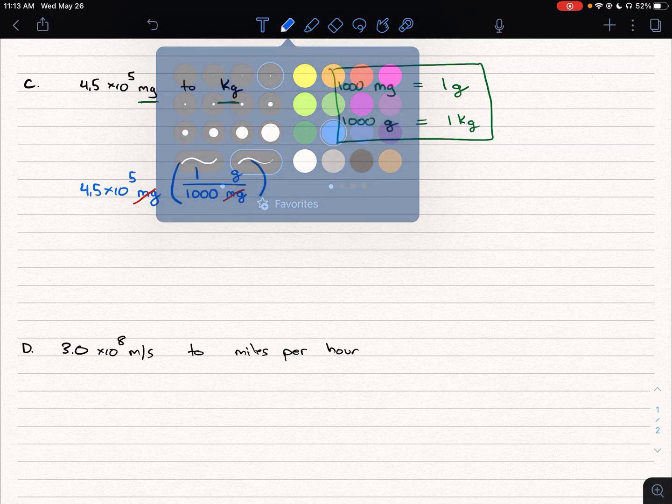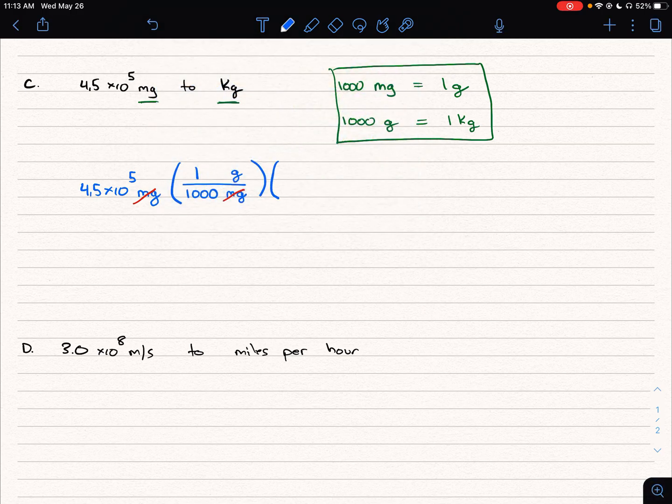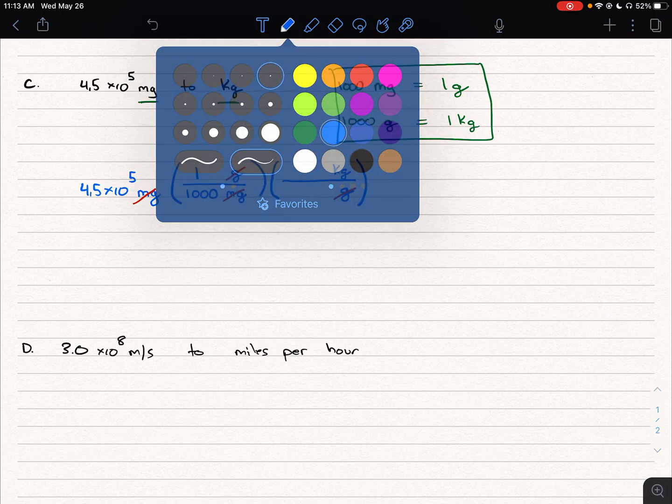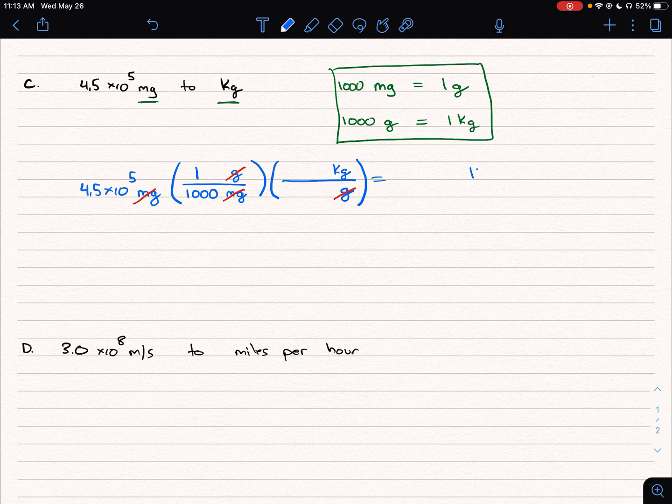But what I can do is now use our second conversion factor. And now I'm going to put grams on the bottom and kilograms on the top. And notice now, when I do this, my grams go away, and my final answer is going to be in kilograms. So the last thing left to do is put in we have 1 kilogram is equal to 1,000 grams. That's our conversion factor here.